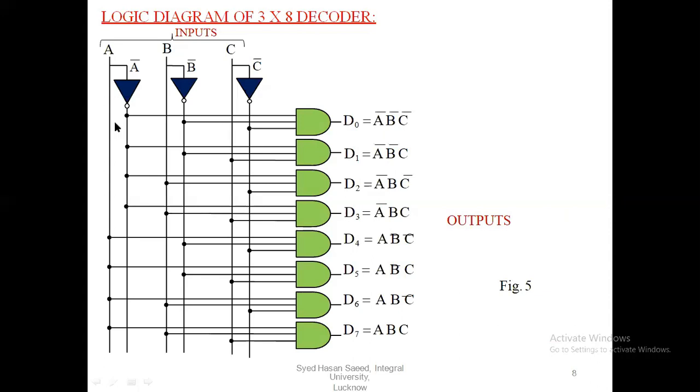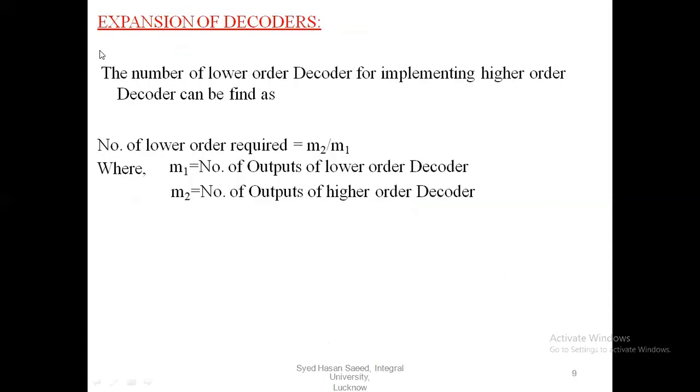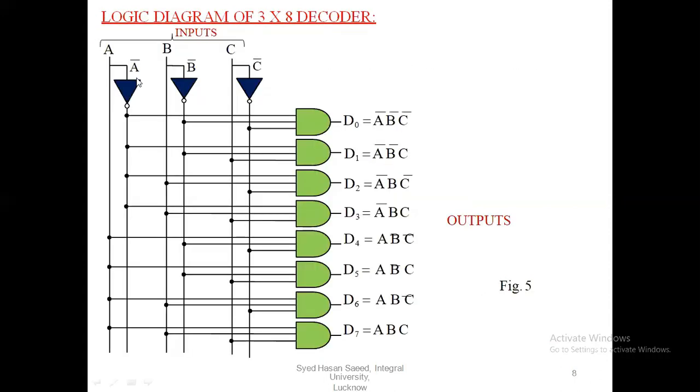That is A bar, B, B bar, and C, C bar. So at D0, D1, D2, D3 there are complemented inputs, so that's why we will connect each and every input and its complement.